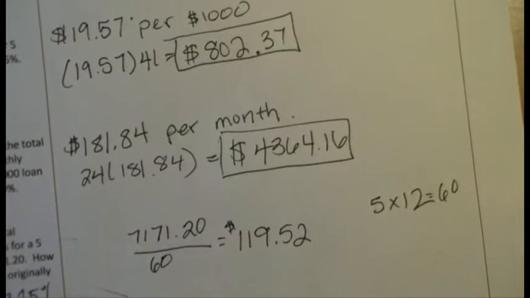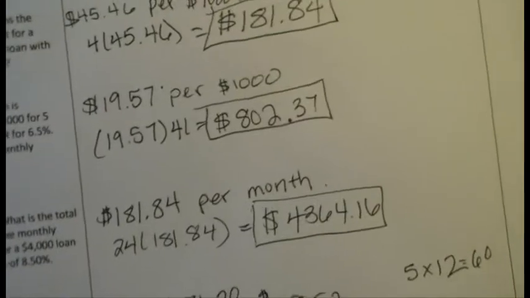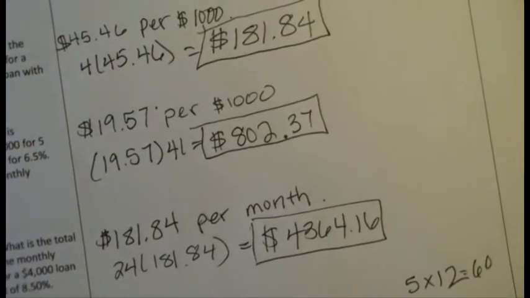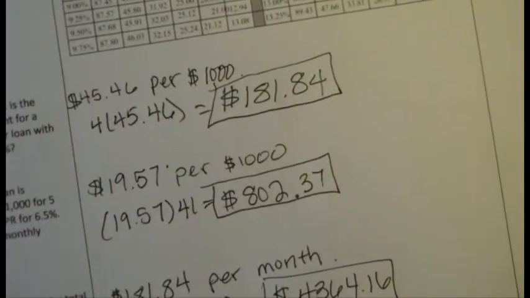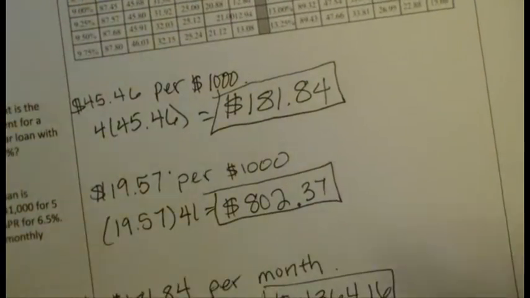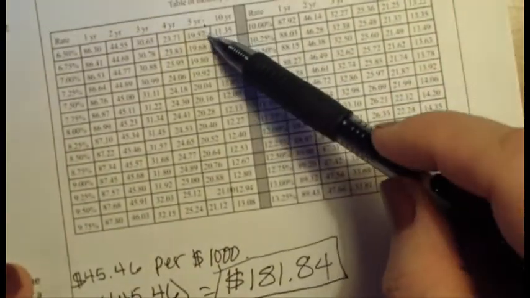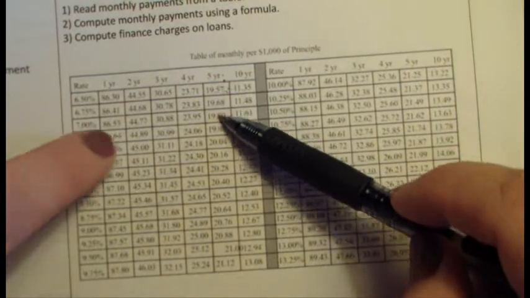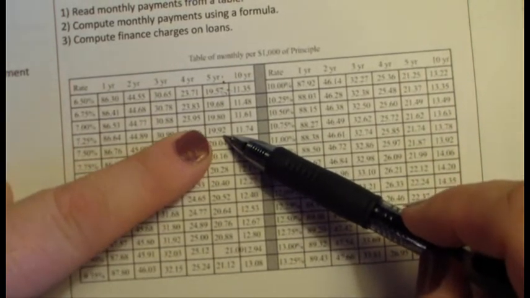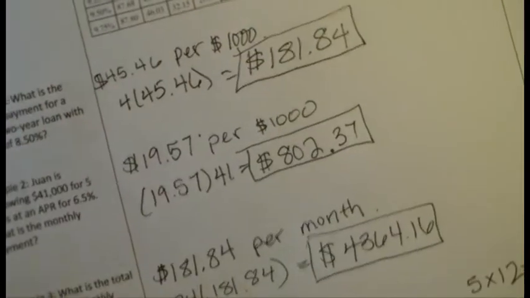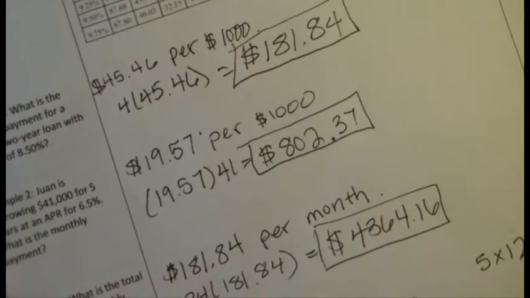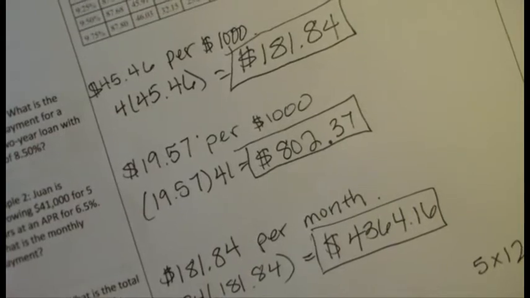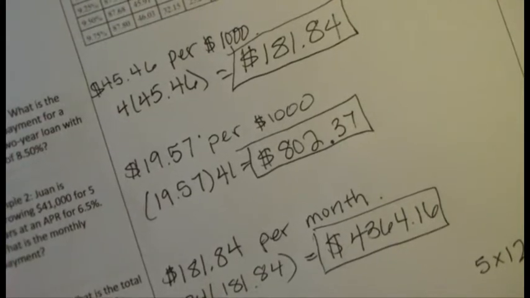Now let's figure out what the monthly payment is for a 7.25% APR and 5 years. So 5 years up here on our table again. 5 years and 7.25 intersect at $19.92. So we're going to take our monthly payment and divide it by that.